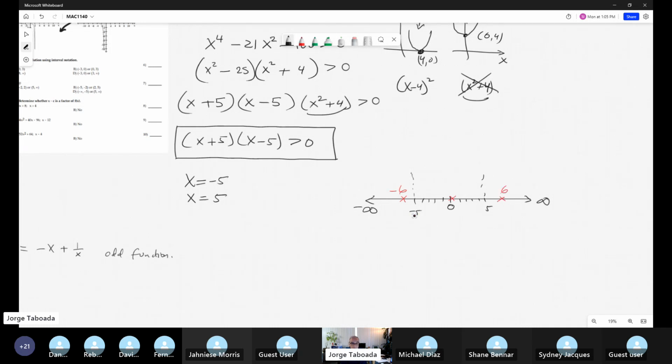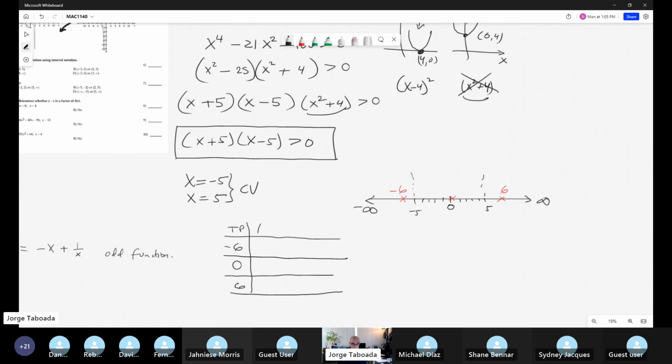If you are doing the table, the testing points I declared were -6, 0, and positive 6. So 0 is a testing point, not critical. The critical values are -5 and +5.